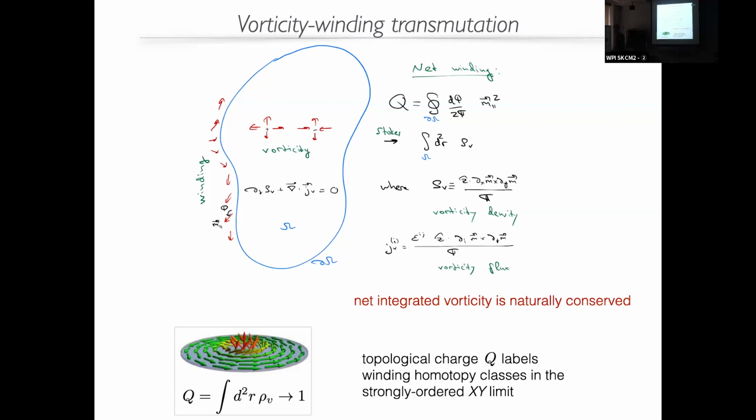When a vortex passes through the boundary, the net vorticity changes in multiples of 1, and the net winding would change in multiples of 1 correspondingly, but it's actually true more generally in a fluctuating regime. And the other fact is the existence of a continuity equation that allows us to construct a hydrodynamic description of the transport of vorticity.